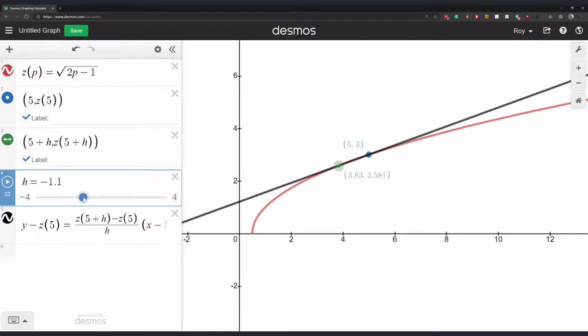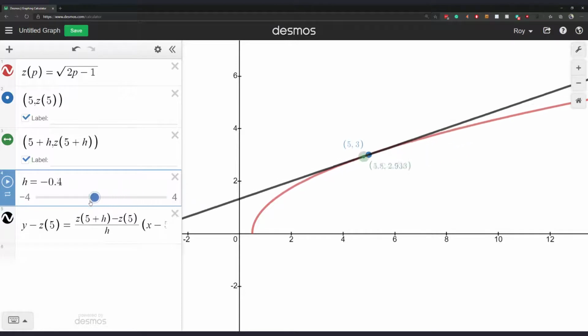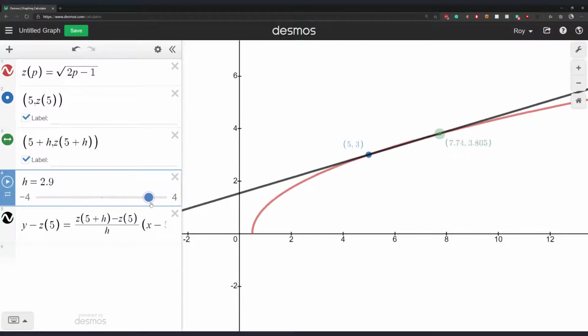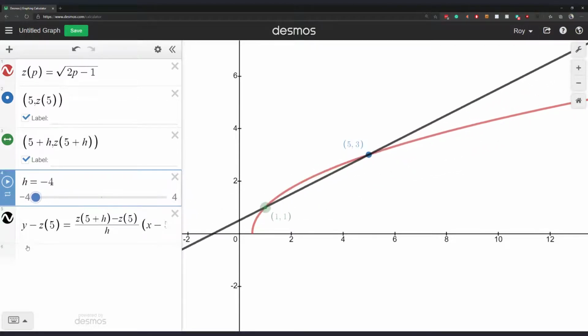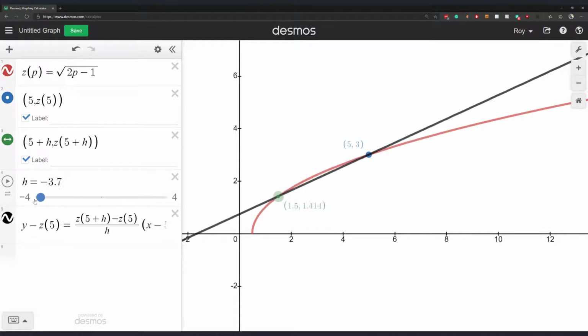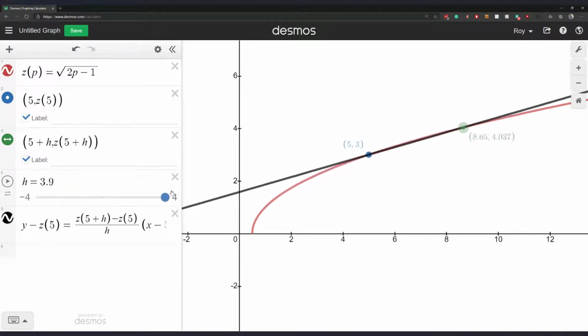I just gave it a wider range so I can drag it a little bit further. You can see pretty nicely that this is definitely a line connecting 2 points, and the difference quotient is the slope of that line. That's literally what I typed in there for the slope, a difference quotient.